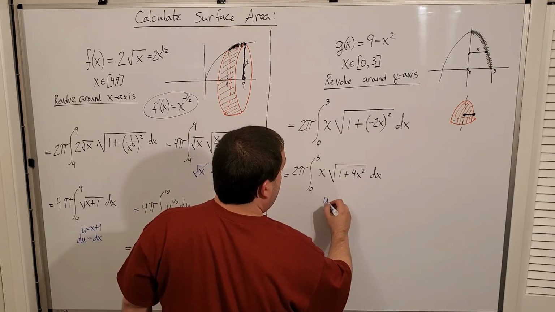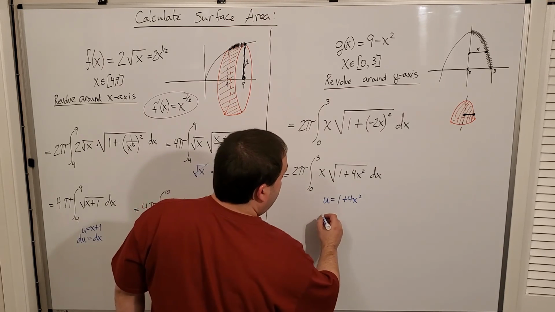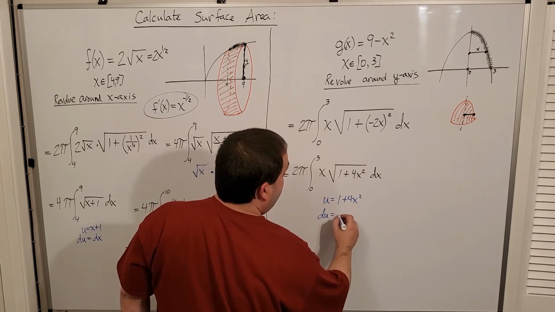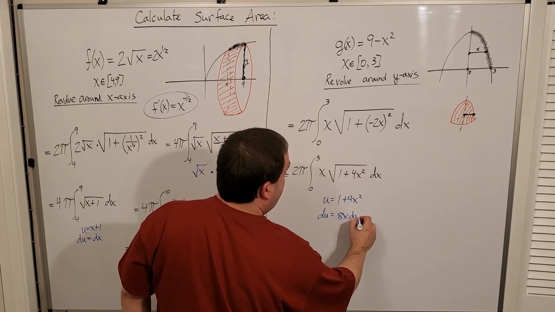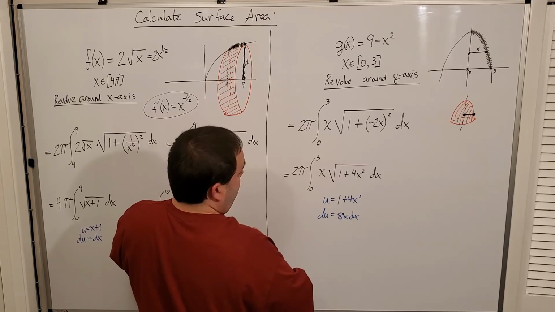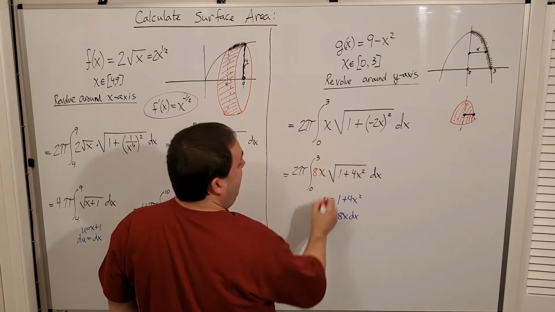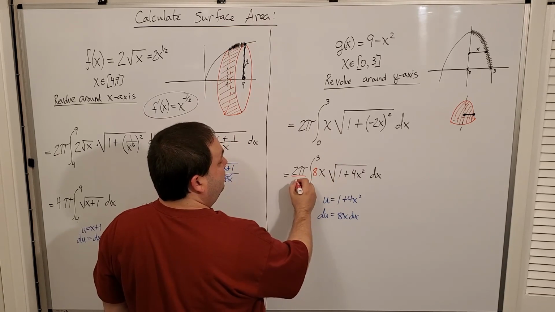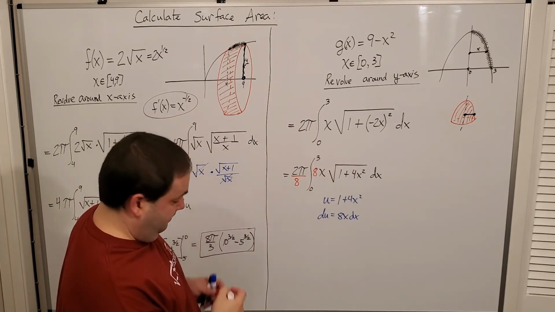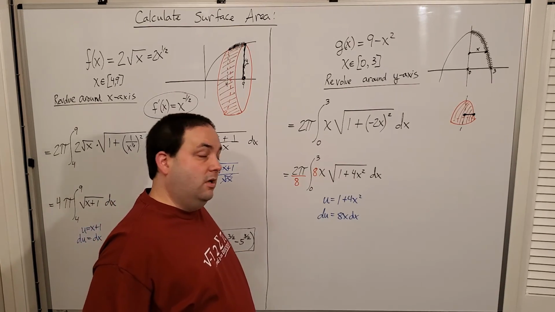So if I let u equal 1 plus 4x squared, then du is going to be 8x dx. So in other words, I need an 8 here, right? In order to do my substitution, I need to fix this with an 8, which means I'll also need to divide by an 8.